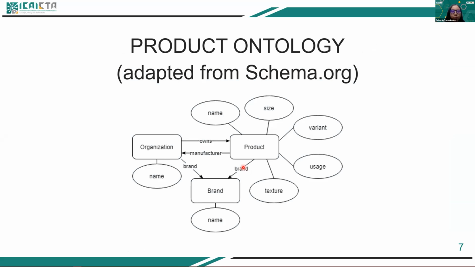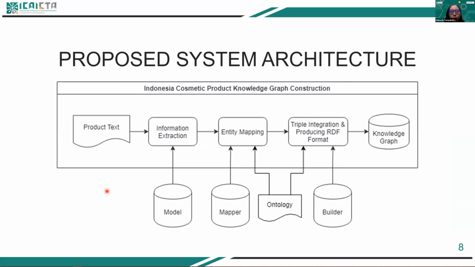The proposed system architecture for this research can be seen on the screen. The product text named entities will be extracted using the model, and then the extracted entities will be mapped and integrated with the ontology definition, and then we produce it in RDF format and store it as a knowledge graph.